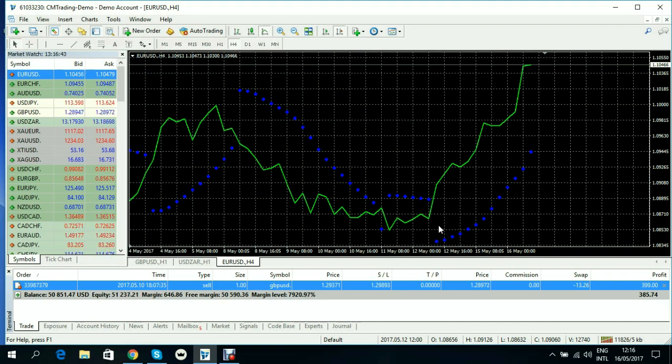Now let me try to explain something a little bit further here. The reason why this dot can confirm a sell trend is because this dot acts as a resistance.